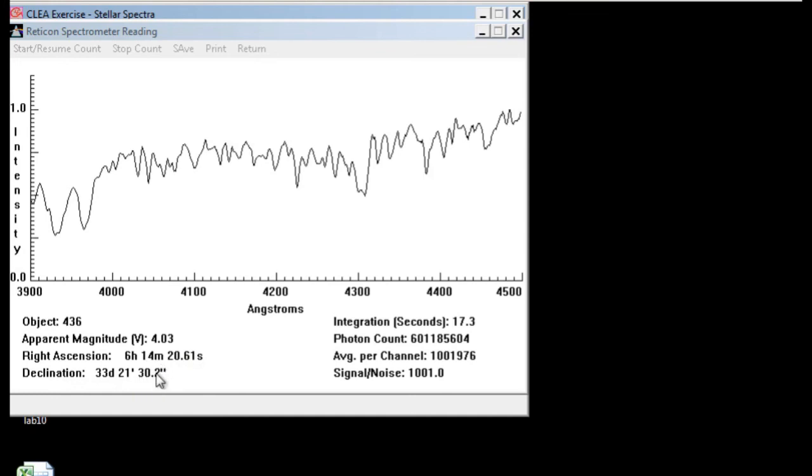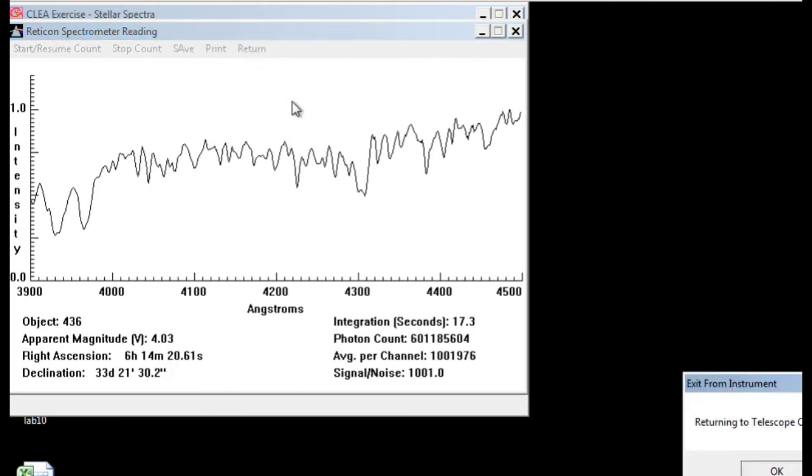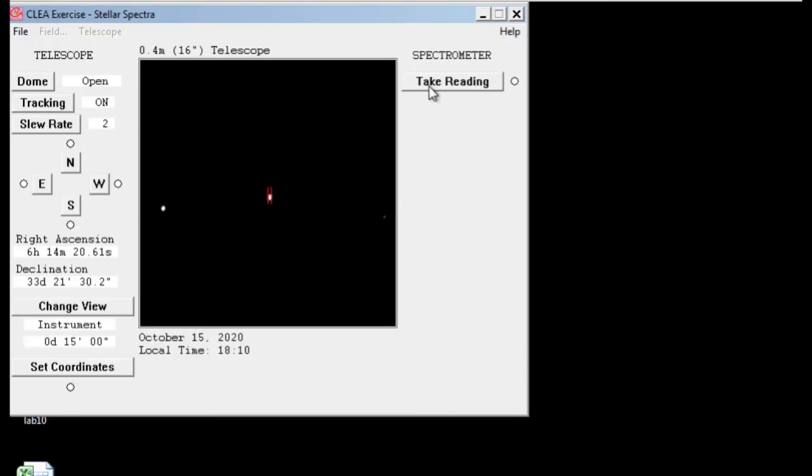I don't know why they made them different units there. All right, so we have this saved as 2, and now we can return. Yes. All right, and work on the next part.